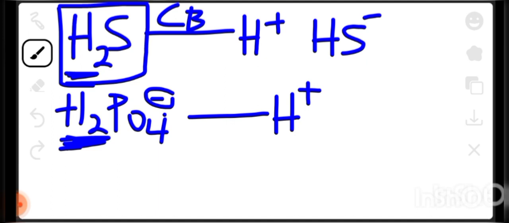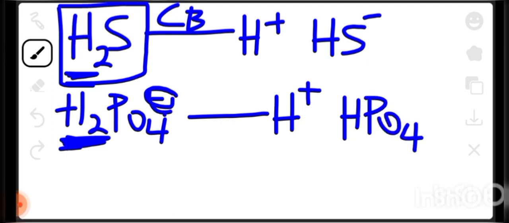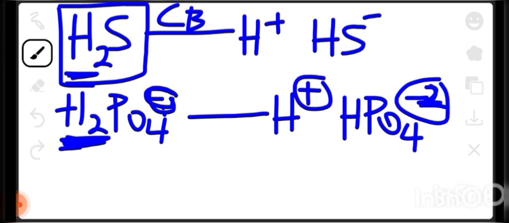Minus one gives us what? -2. So one hydrogen is already living here, so one will be left. Then PO4, then remove one from -1. -1 again will be -2. To check if you are correct, just add +1 and -2. You have -1 left.